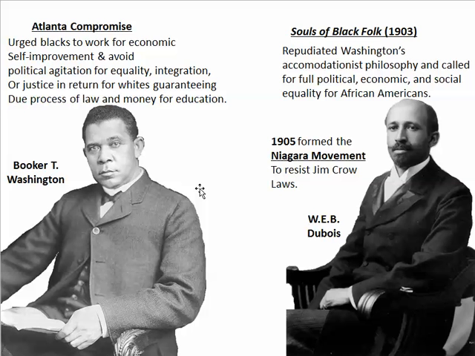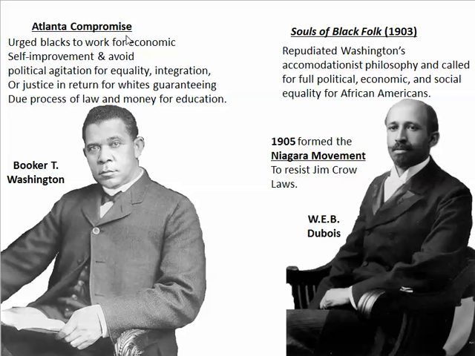So he said, don't agitate the social status quo to get equality and integration into the community, because that's going to stir up too much social dissent. Alright, this guy here, W.E.B. Du Bois, wrote a book called The Souls of Black Folk in 1903. He's going to repudiate Washington's accommodationist philosophy.